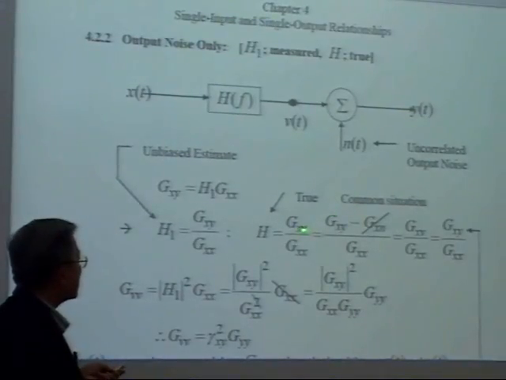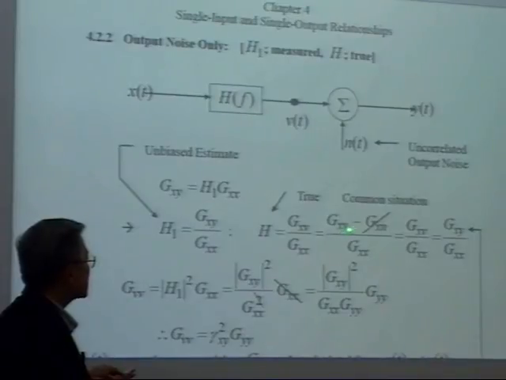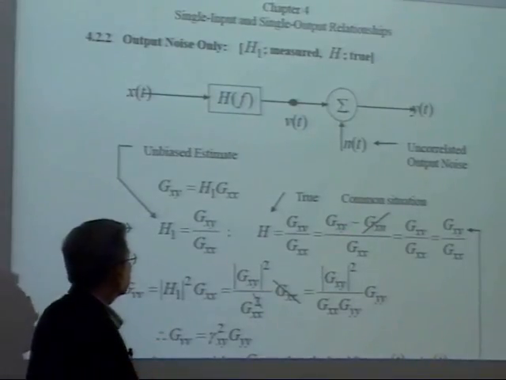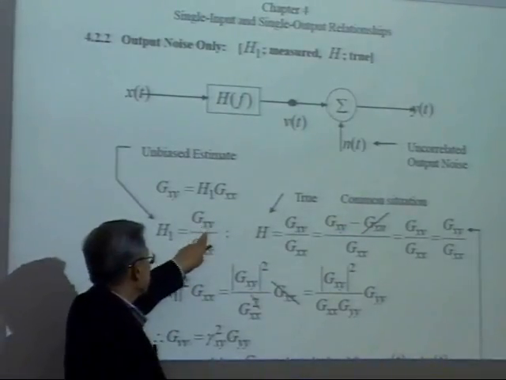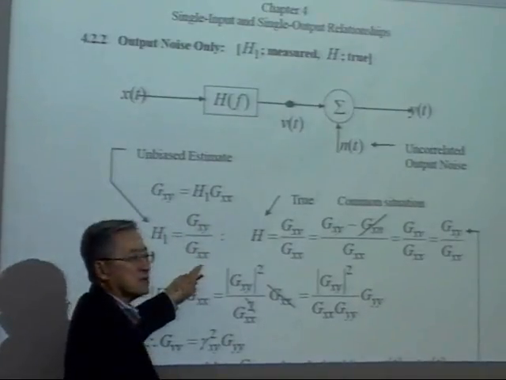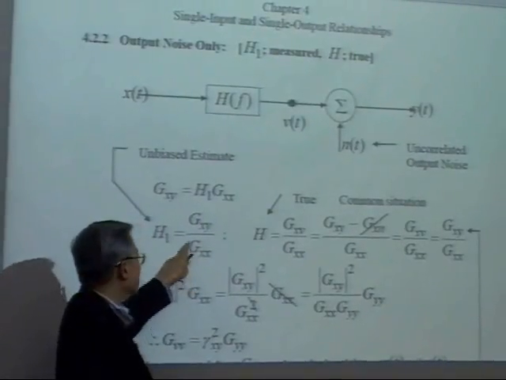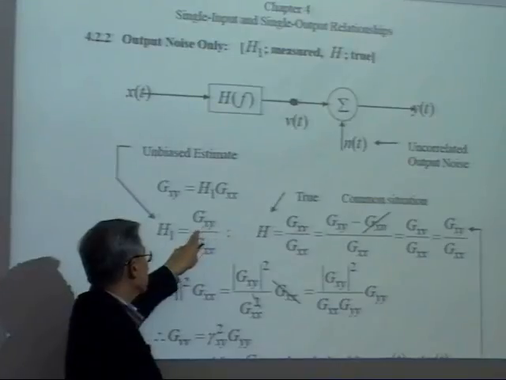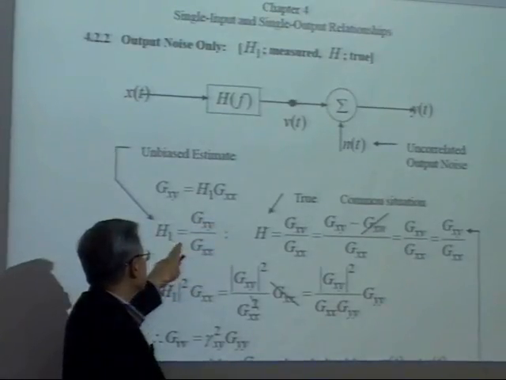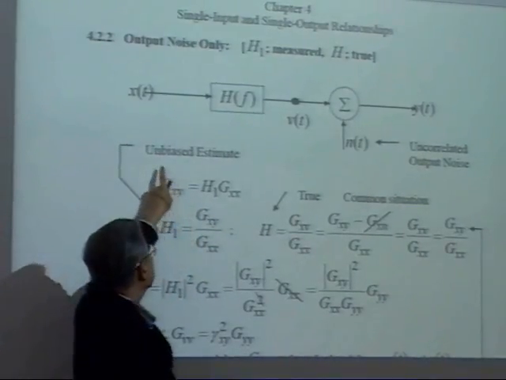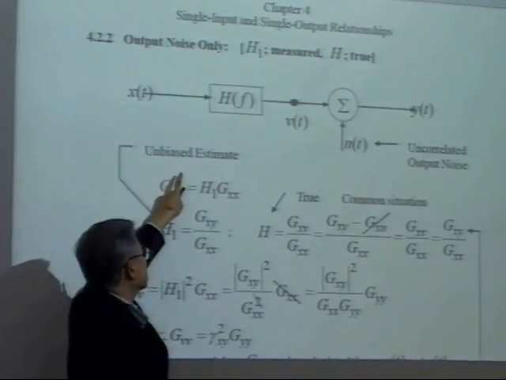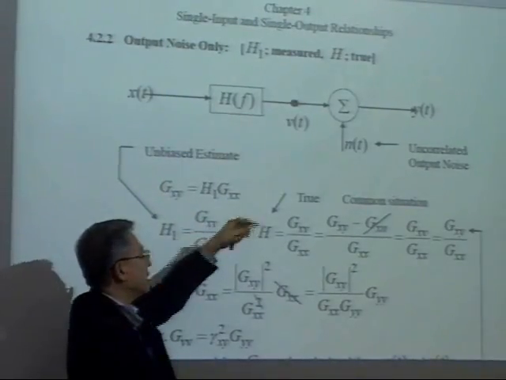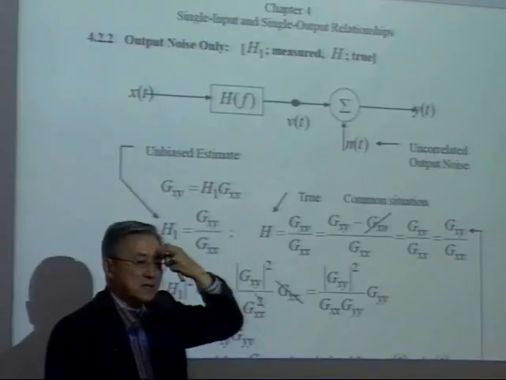Then GXV is equal to GXY. In this expression, you can say this is an unbiased estimate, because Y is noise contaminated.